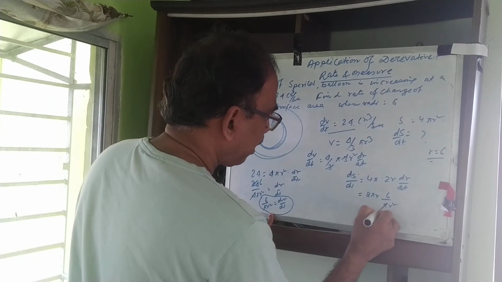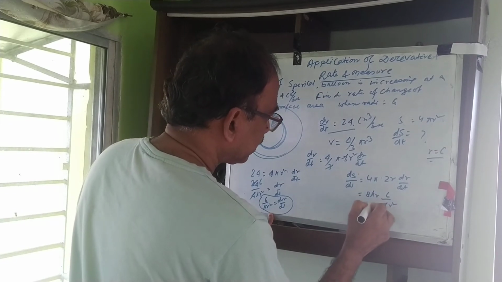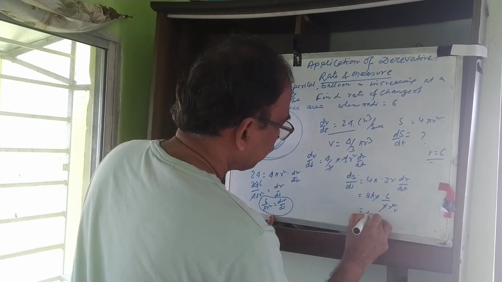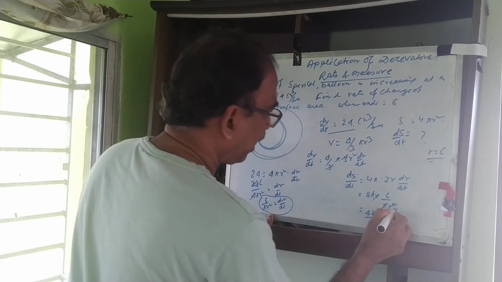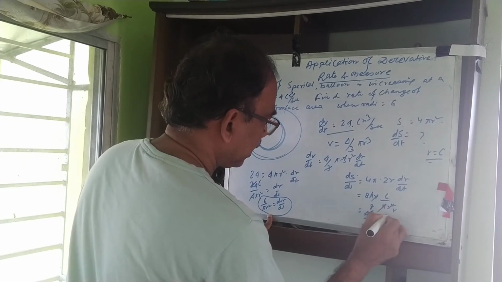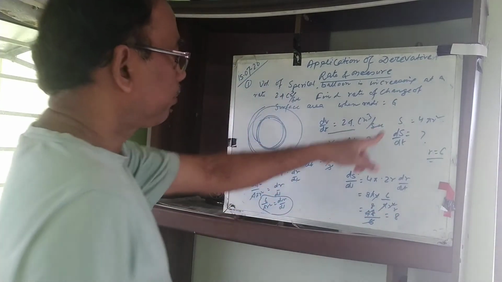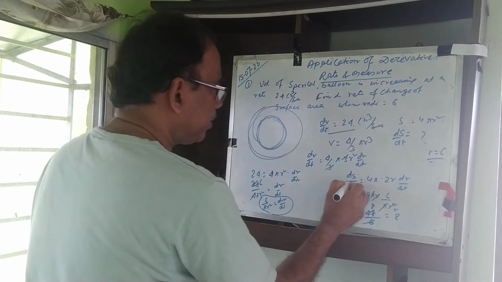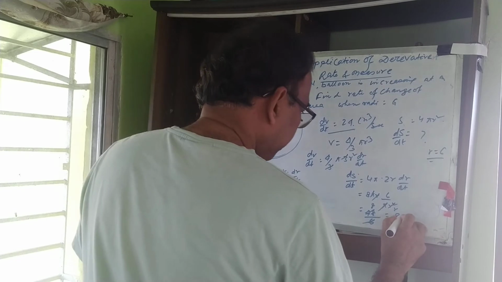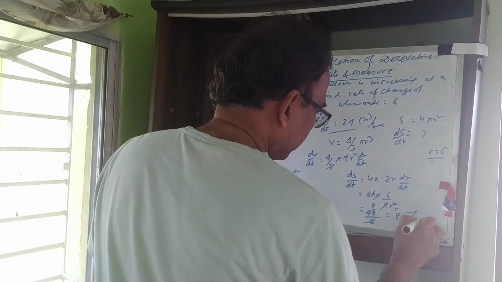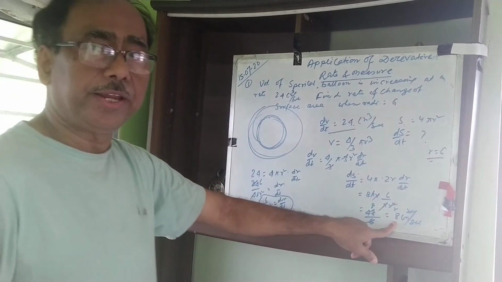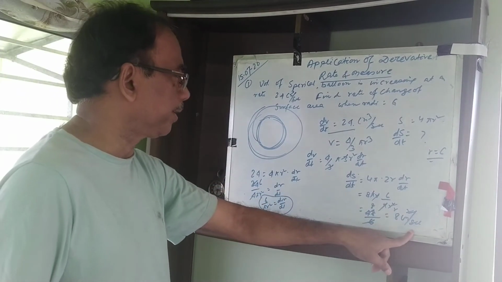So pi cancels, and r cancels, giving 48 by r. r is 6, so that is 8. So the rate of change dS by dt is 8 centimeter square per second. Therefore, the rate of change of the surface area is 8 centimeter square per second.